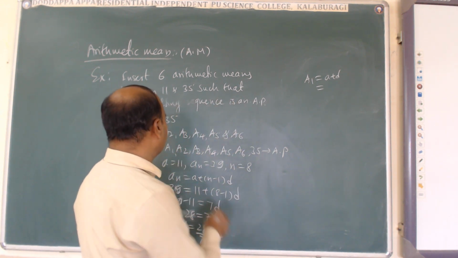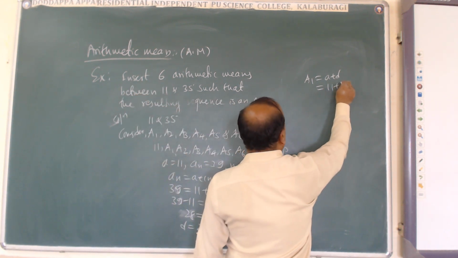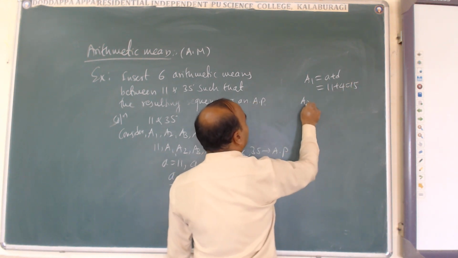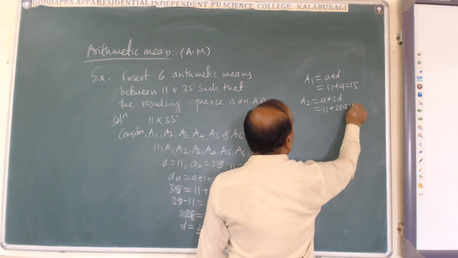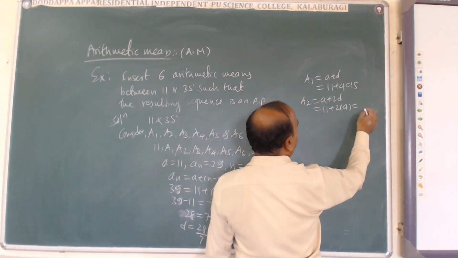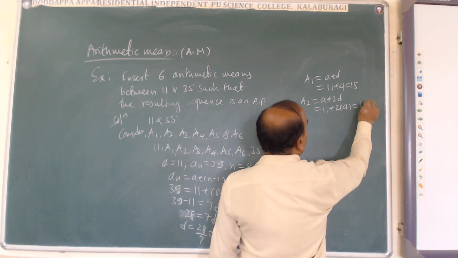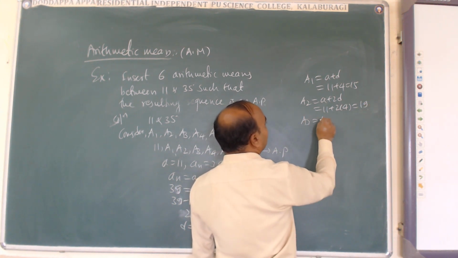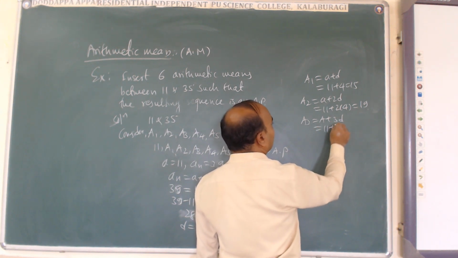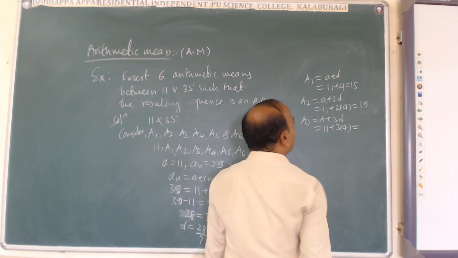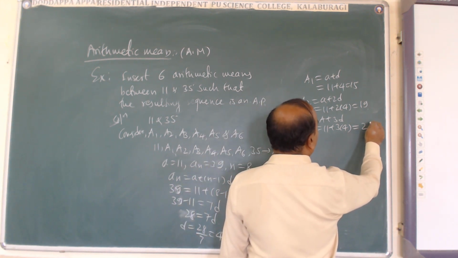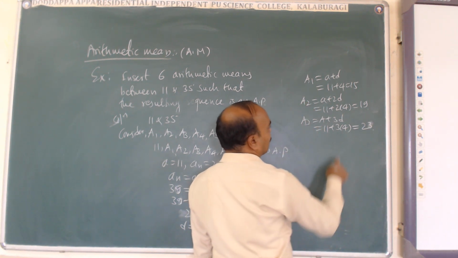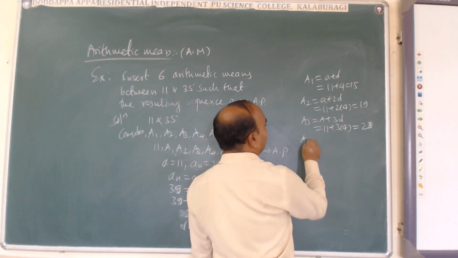Now the first arithmetic mean a1 equal to a plus d. a value is 11 plus 4. It is 15. a2 is a plus 2d. It is 11 plus 2 into 4. It is 8 plus 11. It is 19. a3 equal to a plus 3d. 11 plus 3 into 4. It is 12 plus 11. It is 23. Next a4.